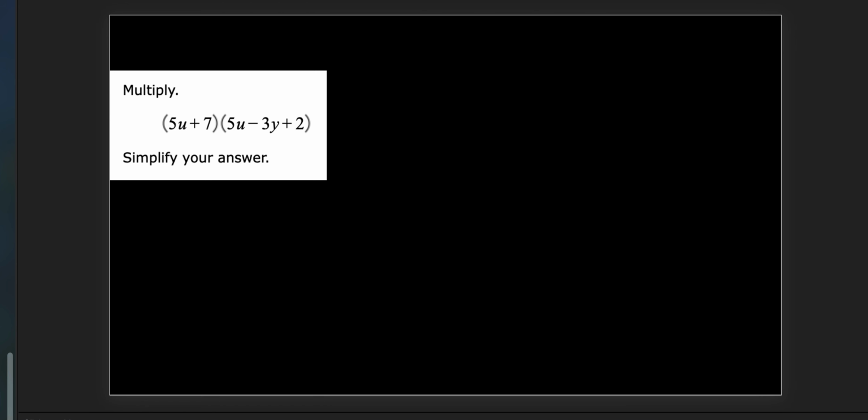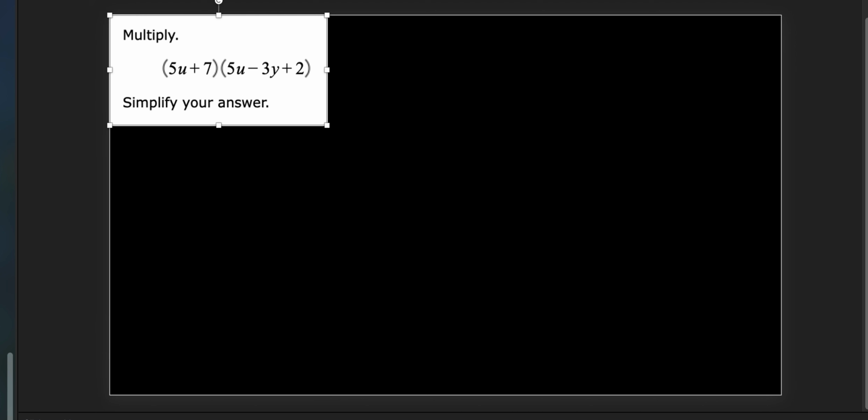One more problem here, we'll do the same thing. So I'm going to take this 5u and multiply it by each term inside the parentheses, and I'll write down what that looks like, just like I've been doing. And then I'm going to take that 7 and multiply it by each term inside the parentheses.